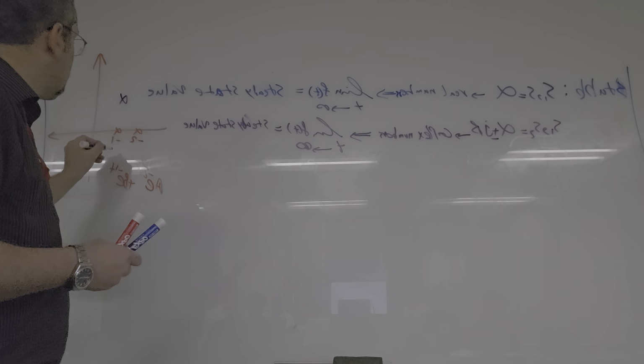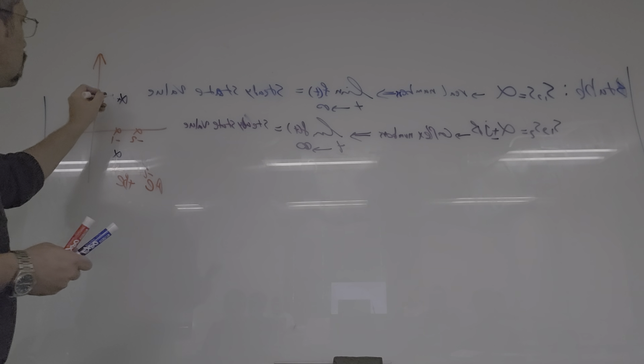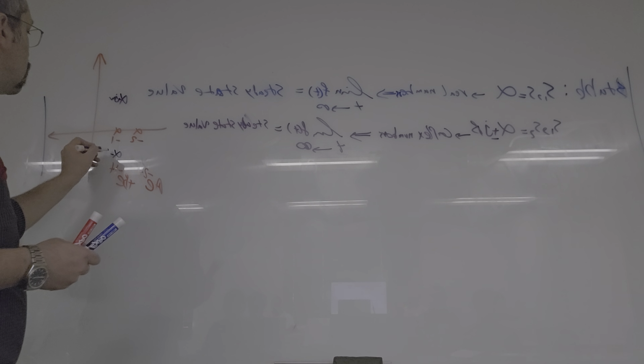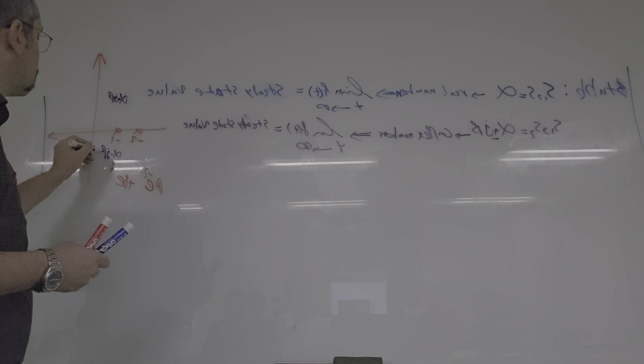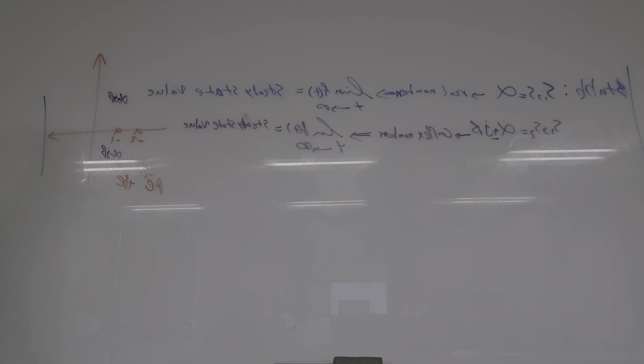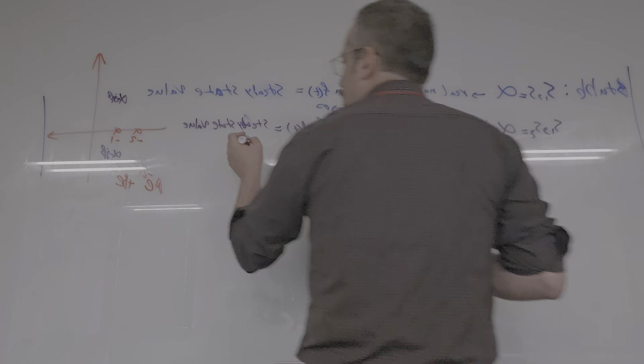So if we had two conjugate poles, our system would have such a behavior, right?